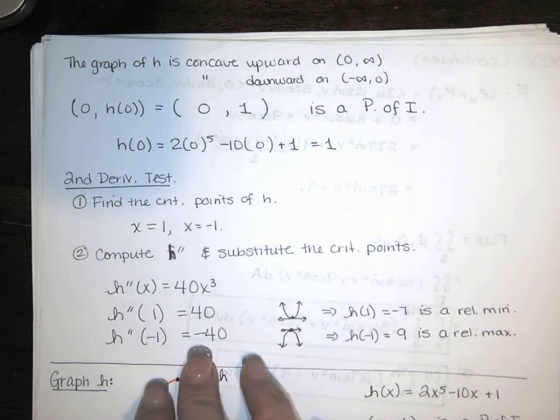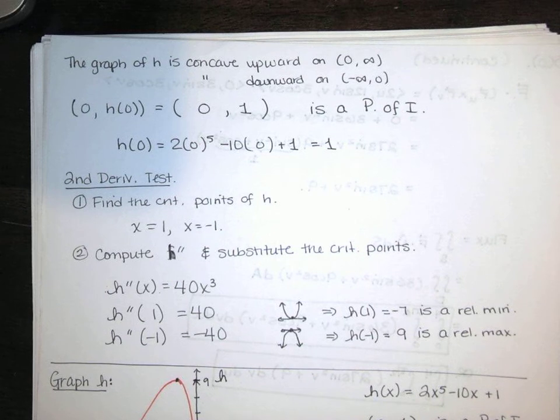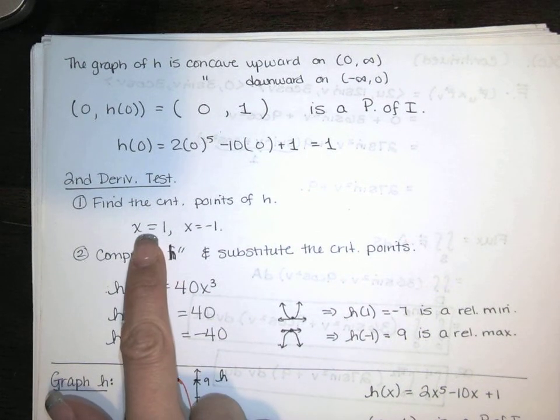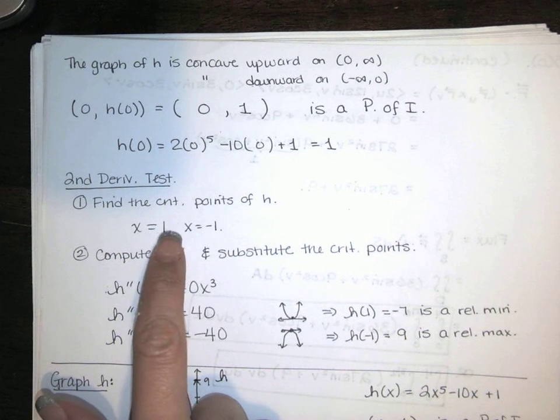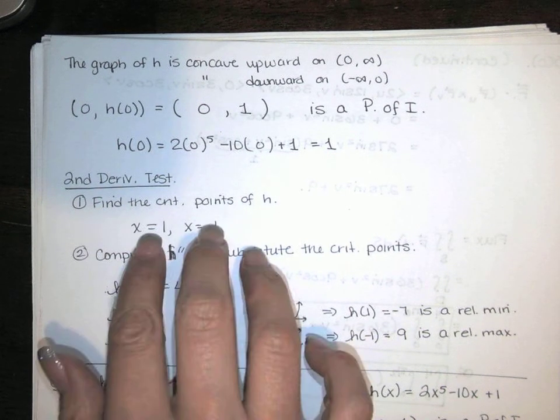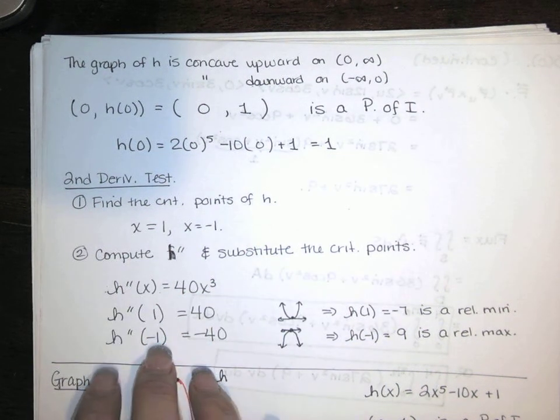And even though this part wasn't necessary, it's a good illustration of the second derivative test. We can confirm our answer from the first derivative test by using the second derivative test. The second derivative test says you just take the critical points, which are found by taking the first derivative, setting it equal to 0, and solving for x. So the slope is 0 here. And then you evaluate the second derivative.